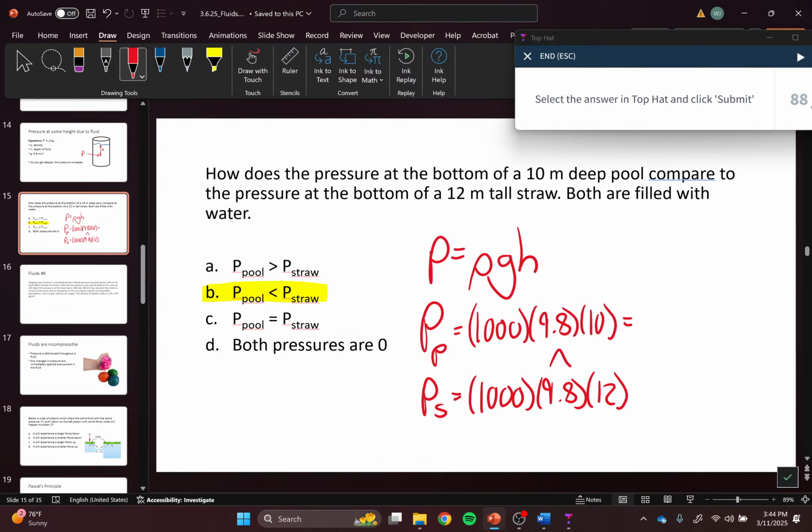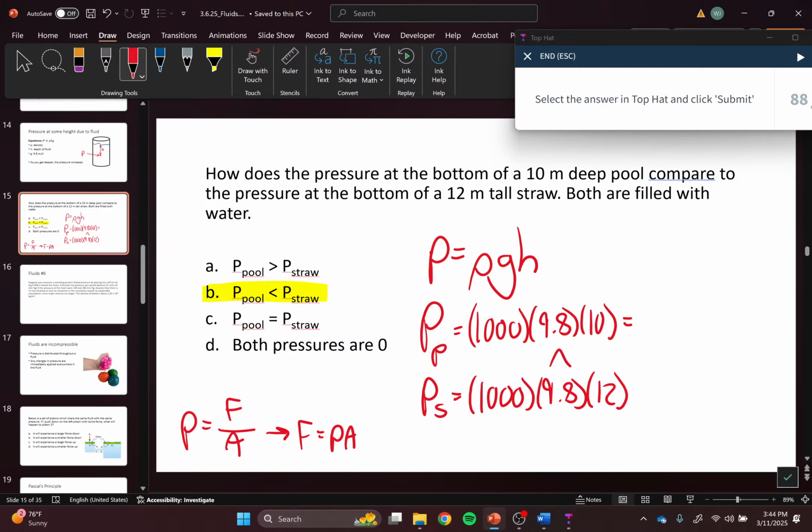Now, I will say, if you measured the force at the bottom of the pool, if y'all remember, pressure equals force divided by area. If you rearrange this, the force at the bottom of the pool is going to be much larger. That's really important.